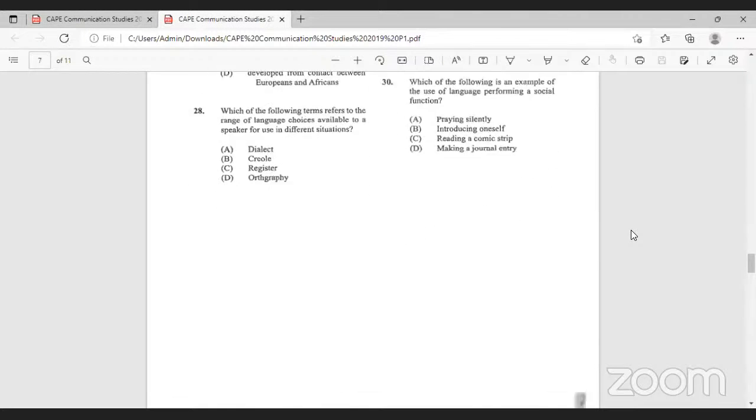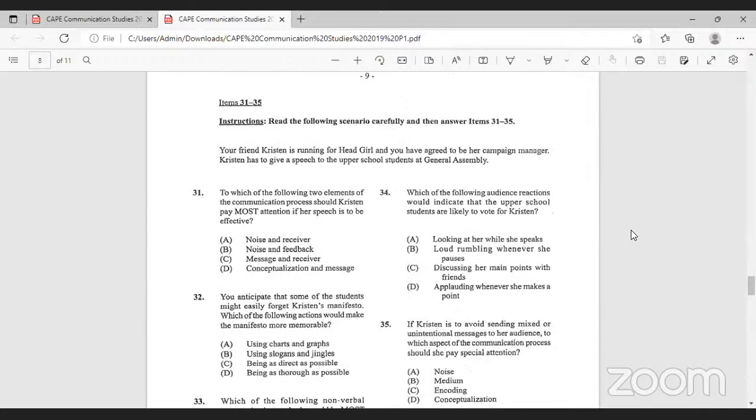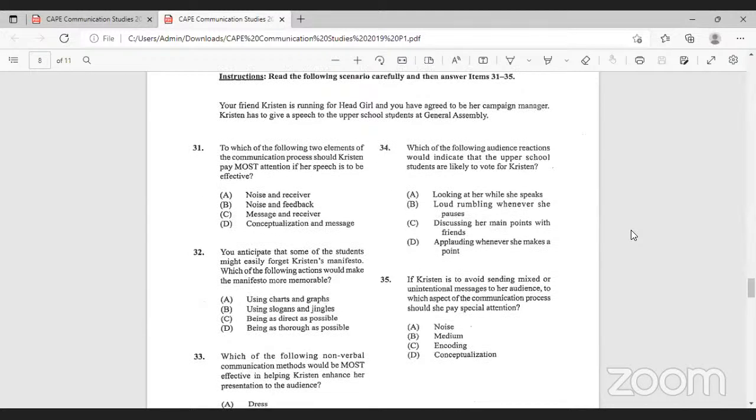I'm going to go on to module 3. Okay. So speaking and writing, that's this module. So remember that you're given some extracts here as well. And it's almost the same procedure as with the previous module.